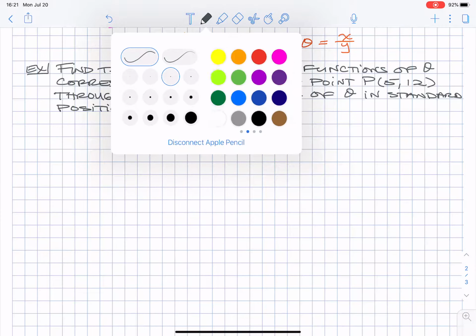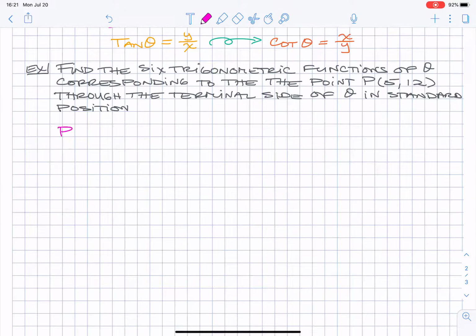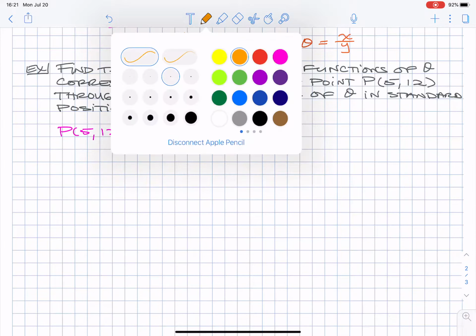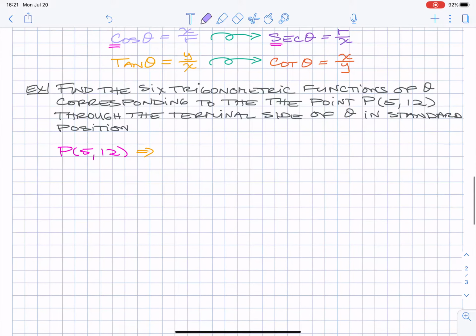Okay, so what do we have? We have the point 5, 12. So what does that give us? That gives us that x is 5 and y is 12.